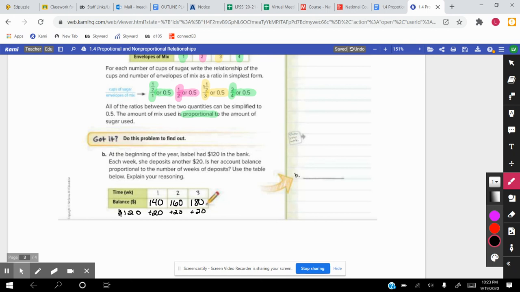So to find out whether or not it is proportional to the number of weeks of deposit, this is going to be no. The weeks to account balance ratios, so the account balance ratios are not equal.